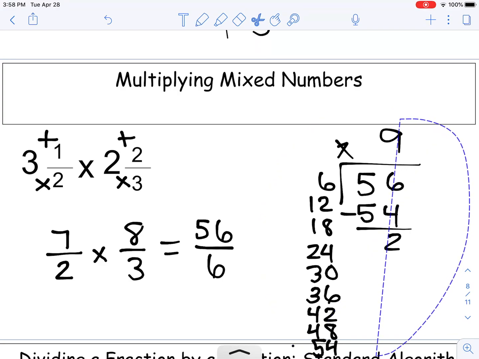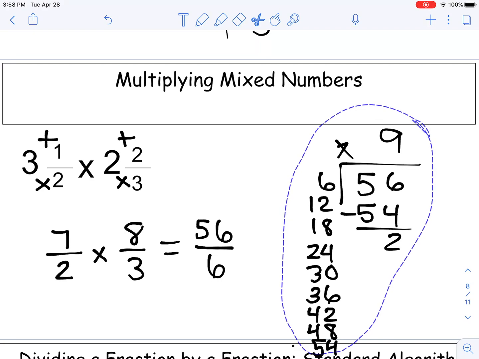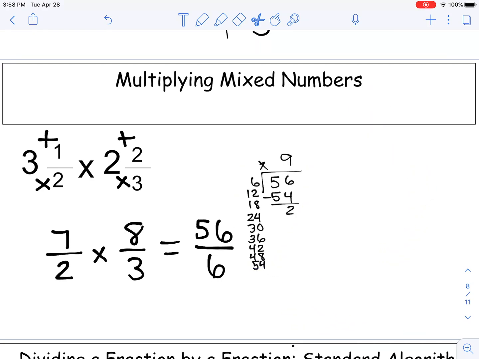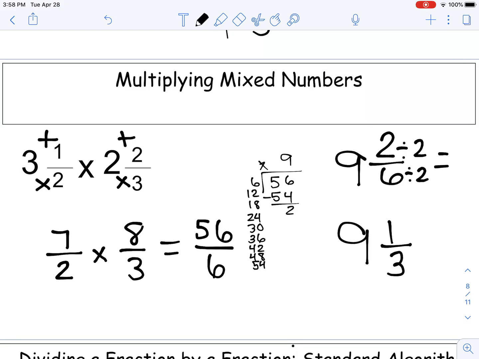I'm going to shrink that down so I have a little room to work here. So I have 9 whole groups and 2 left out of my 6. What do you know about 2 and 6, though? Am I done? Negative, boys. Got to divide top and bottom by 2. So I still have 9 wholes and 1/3 for my final answer.